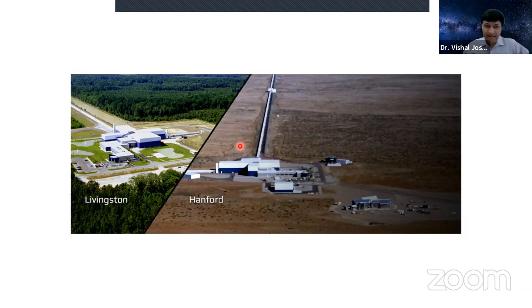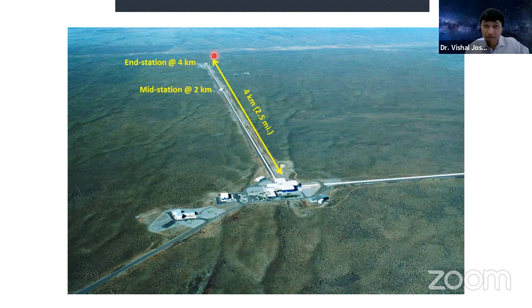And these two observatories are like this. This is Livingston, this is Hanford, one is in a forest, one is in a desert. And they are made up of arms of length 4 kilometers. The laser beams are reflected from here and there.